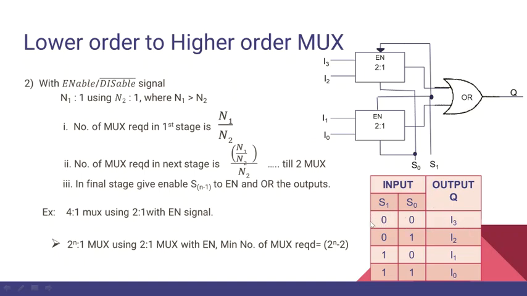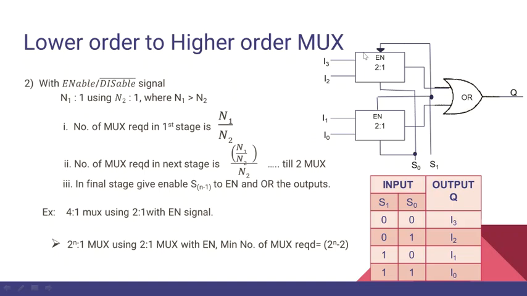Let's take one case from the truth table, when S1 and S0 are 0 and 0. When S1 is 0, this lower mux will be enabled and this one will not be enabled, because S1 is given to a NOT gate first and then given to this mux. So this enable is equal to 1 when S1 is 0.